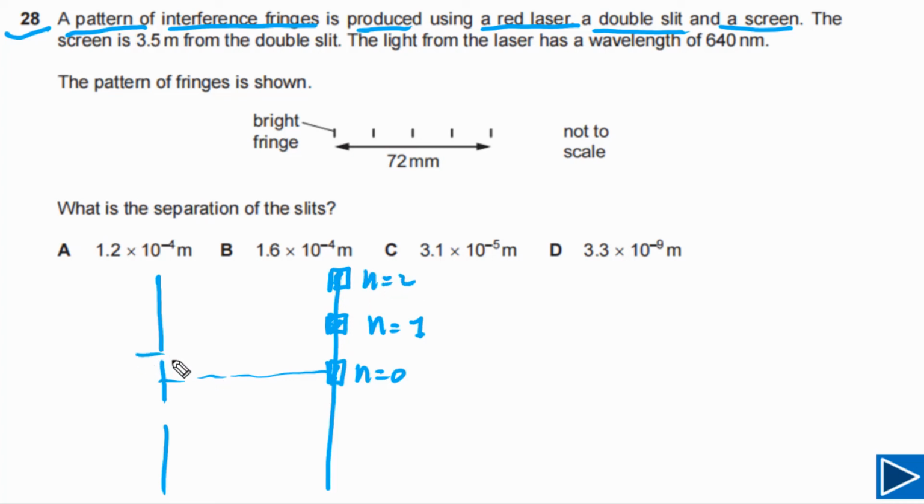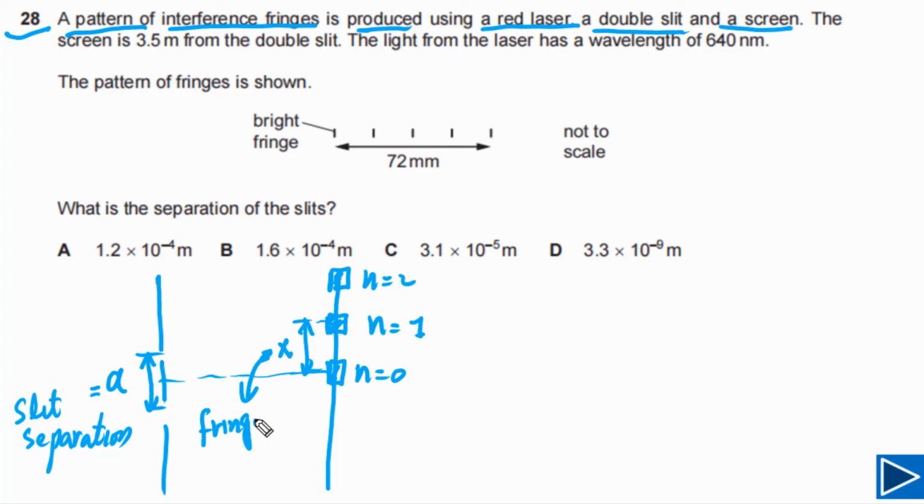Now we need to understand that the distance between the center of these 2 slits is called the slit separation, and we use the letter a for that. So this is the slit separation. And the distance between 2 bright fringes, this distance, this is x, and this is called the fringe spacing.